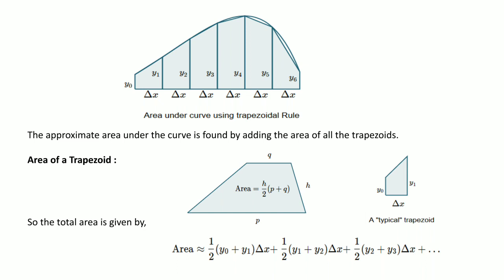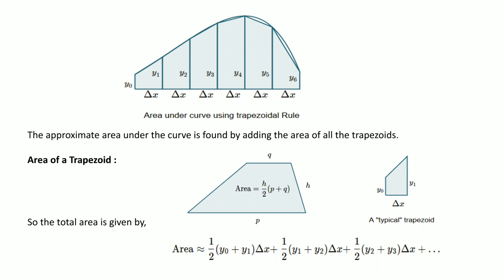Delta x is the equal distance on the x-axis, and y0, y1, y2, y3, y4, y5 and y6 are the values we are going to evaluate, that is, we are going to evaluate y is equal to f(x).